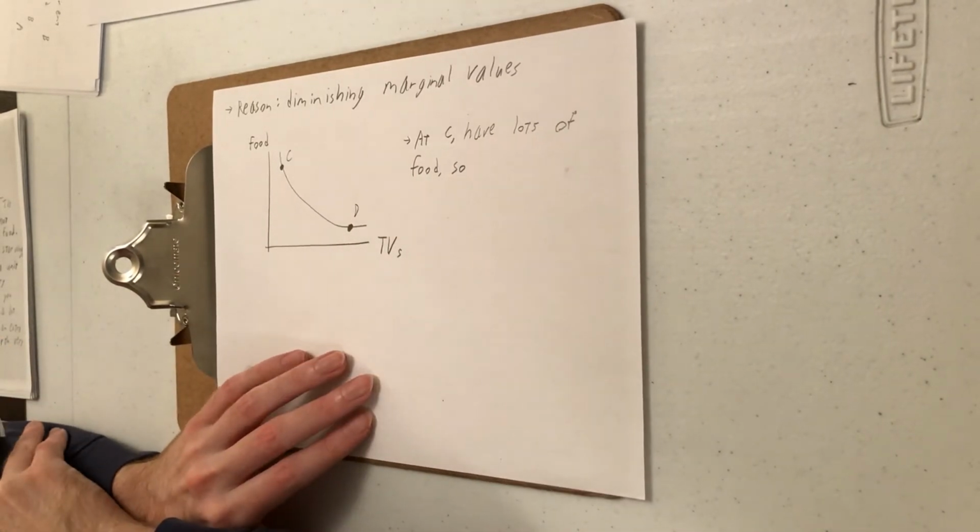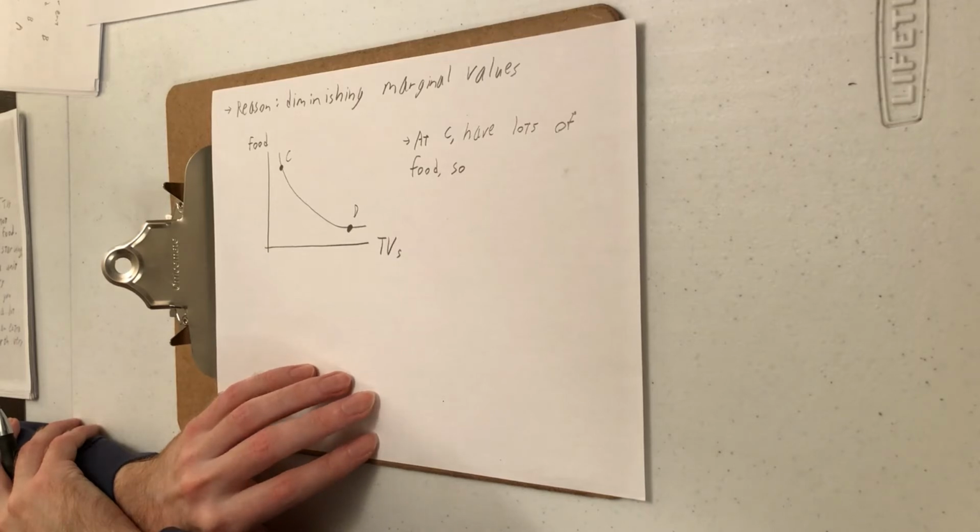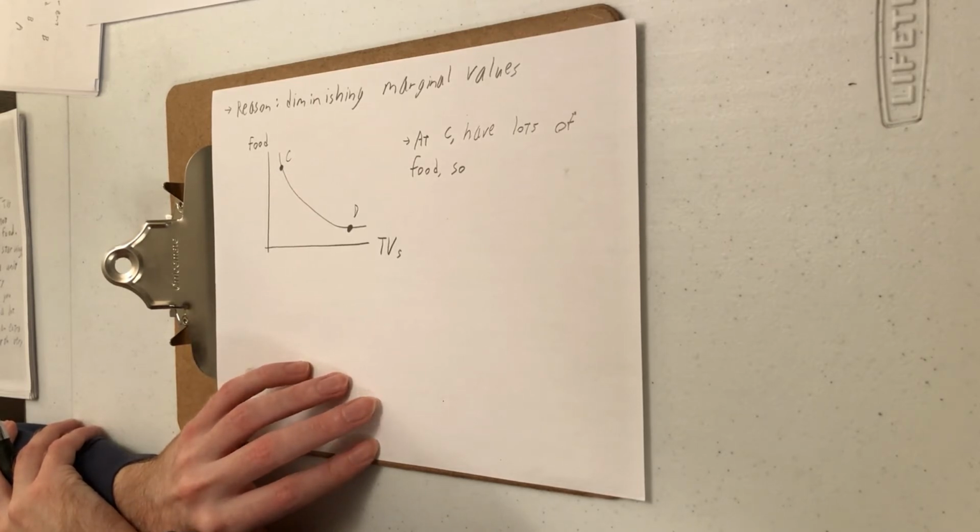If you already have enough food, if you have more than enough food, then that'd be a good idea to trade some of it for something else. So if you have more than enough food already, it makes sense to get rid of some of that excess food in order to buy a TV instead.